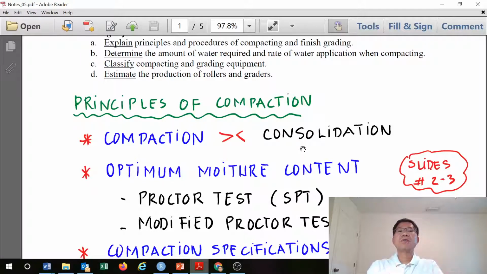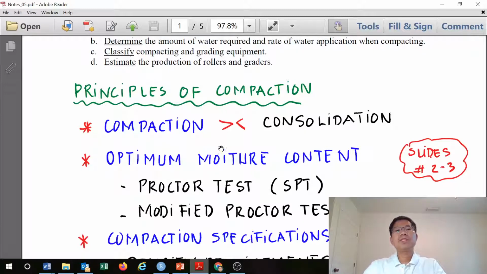Consolidation can take months or years to complete, while compaction can be accomplished in a matter of hours or days. What we will learn today is compaction, not consolidation. If you're interested, that is in Geotech 2.